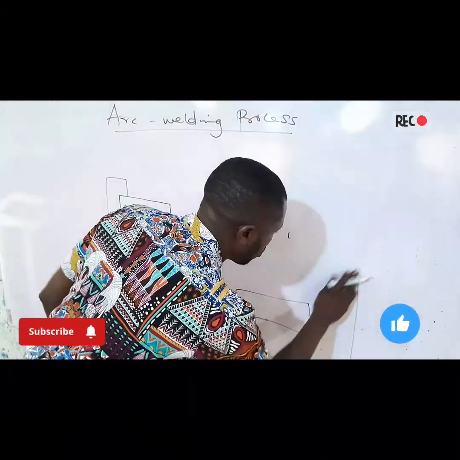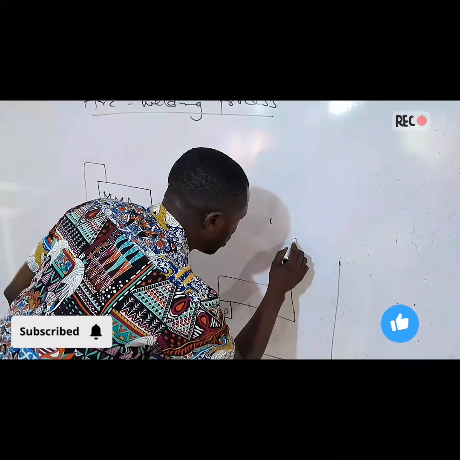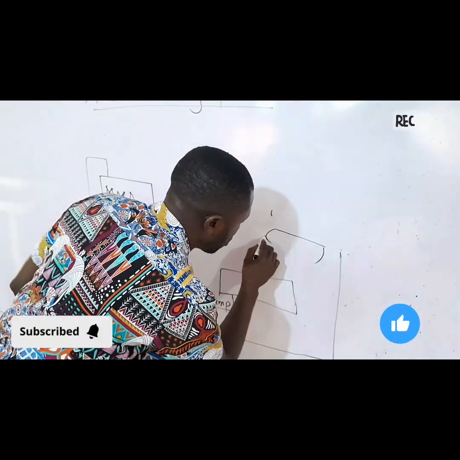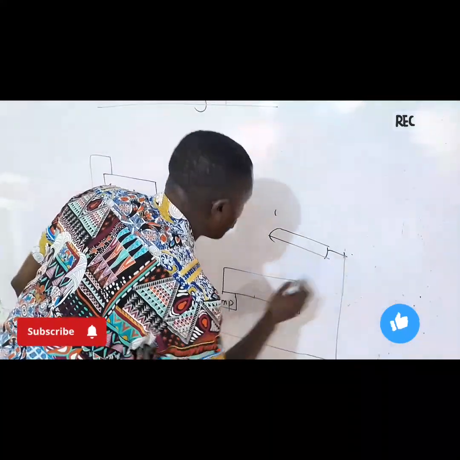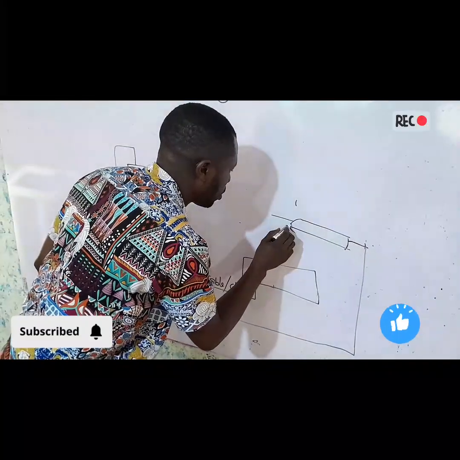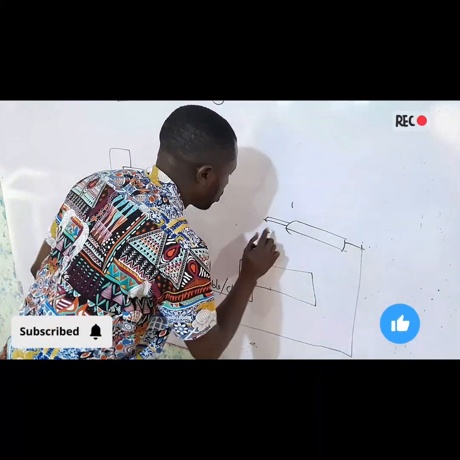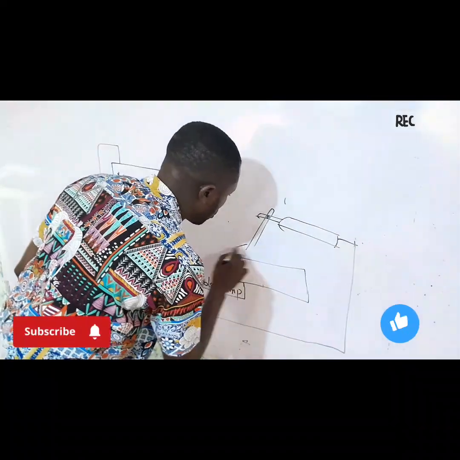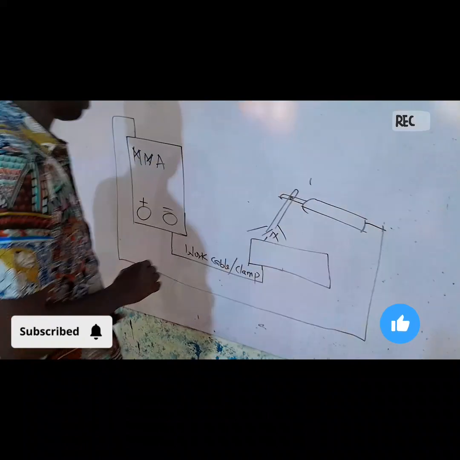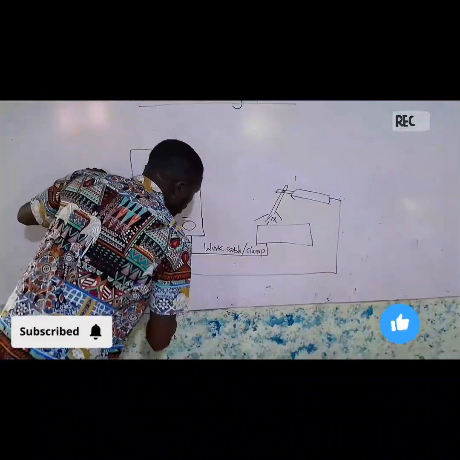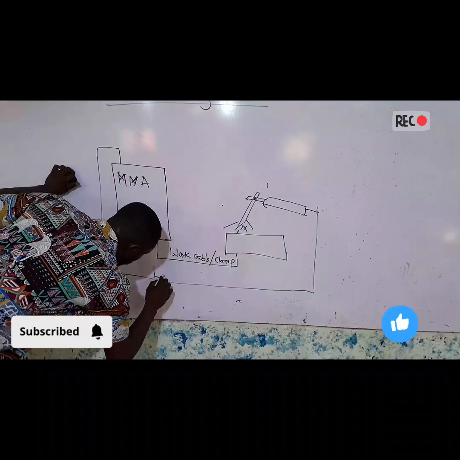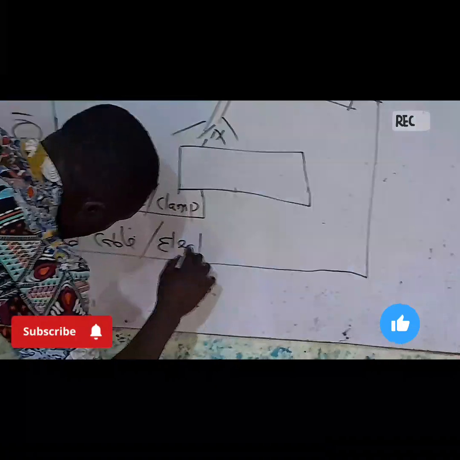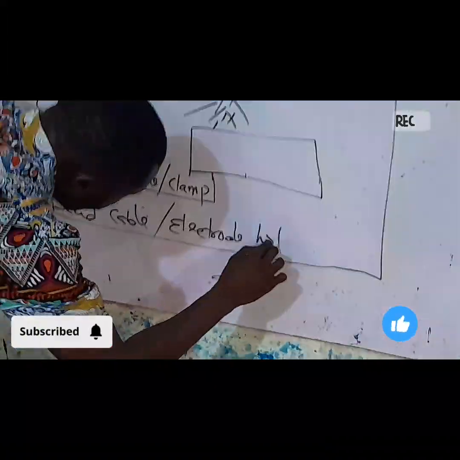This is too long, so we'll come down here. So we have it here. So it's running to this point. So this is the arc. So this is the lead cable, otherwise known as the electrode holder.